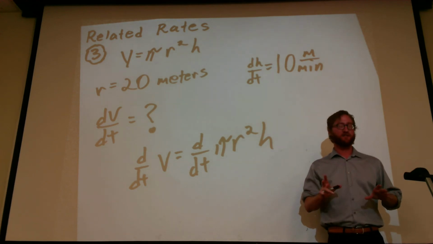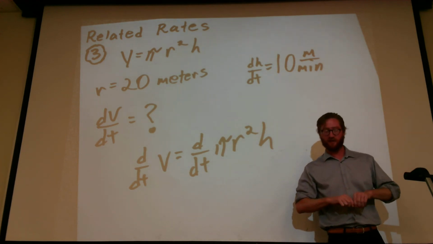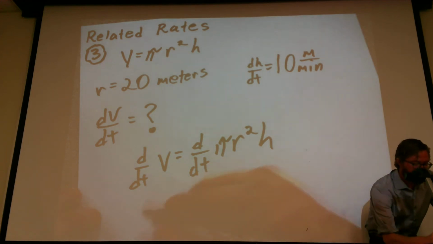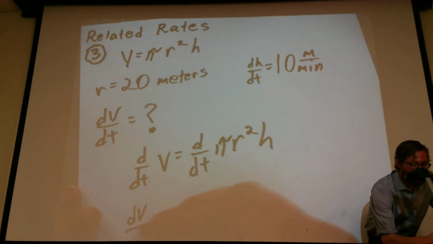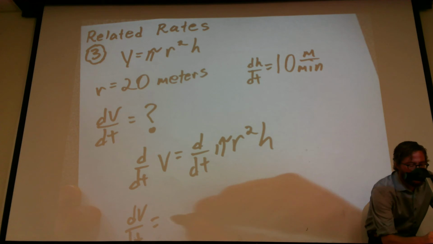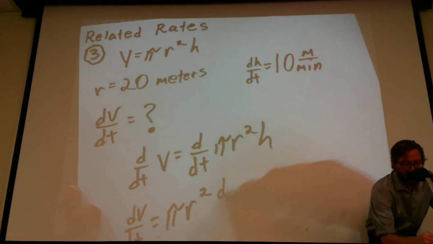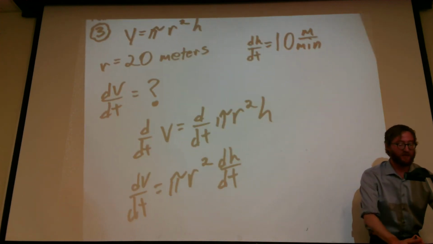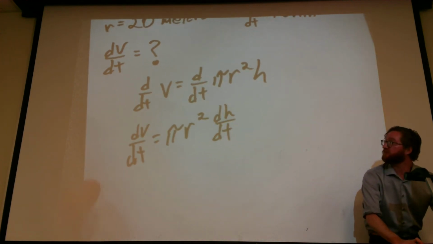The only thing that's changing inside of the tank is the height of the liquid. So this means that dV/dt is going to equal pi. We're not going to mess with the r because the radius is not changing. However, the height of the fluid is changing.